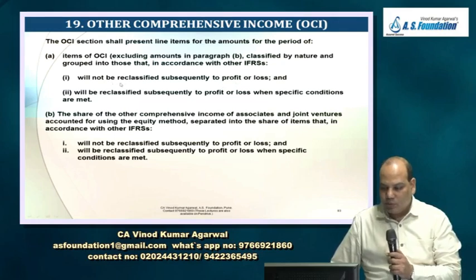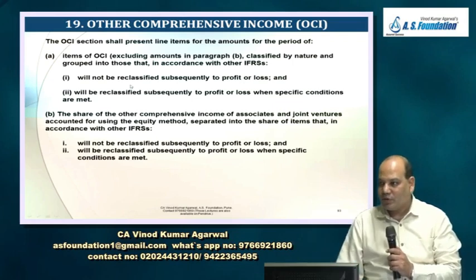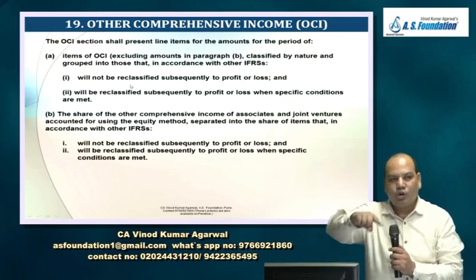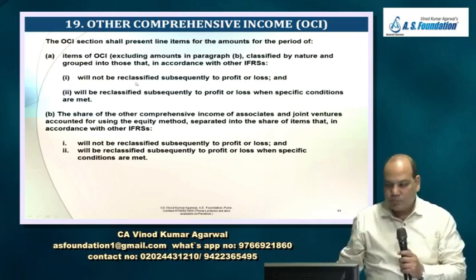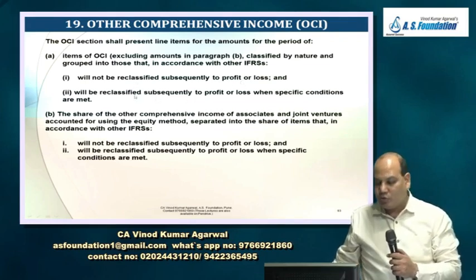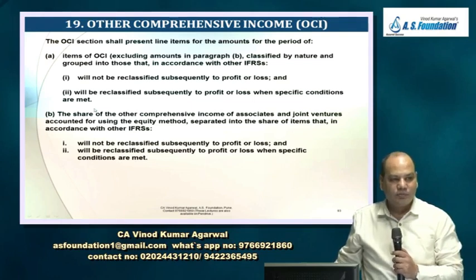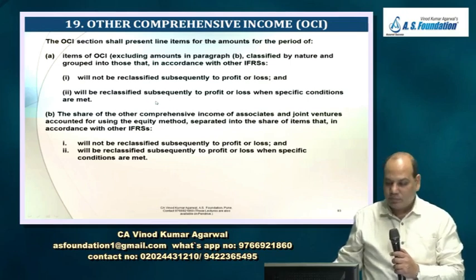That means it will remain in OCI, and from OCI it may get transferred to another reserve, but it will not be transferred to profit or loss again. The second type is those which will be reclassified subsequently to profit or loss when specific conditions are met. This we will discuss in different chapters.